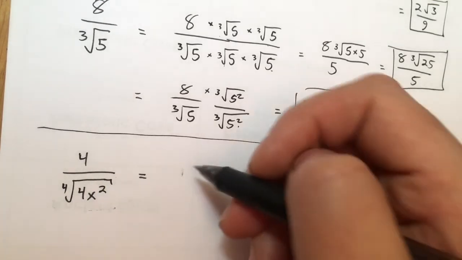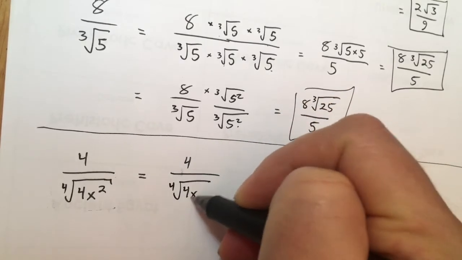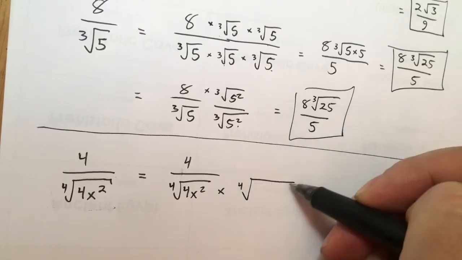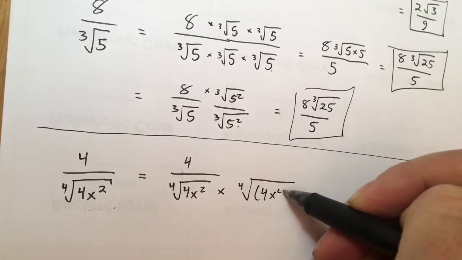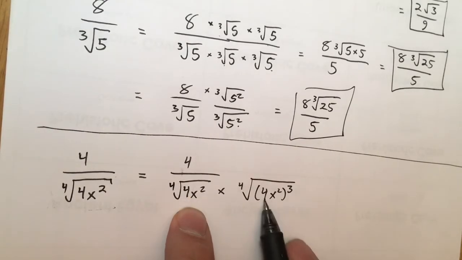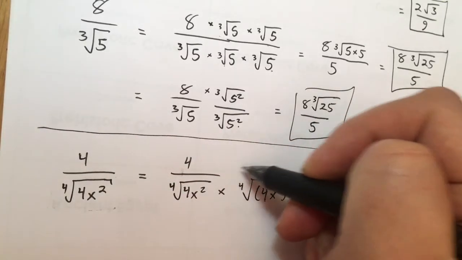Or in other words, I need to multiply what I started with by the 4th root of this stuff cubed. Because altogether I've got 1, 3 more, and that makes 4 of them. So I have the 4th root of that thing to the 4th power. And that will do it.